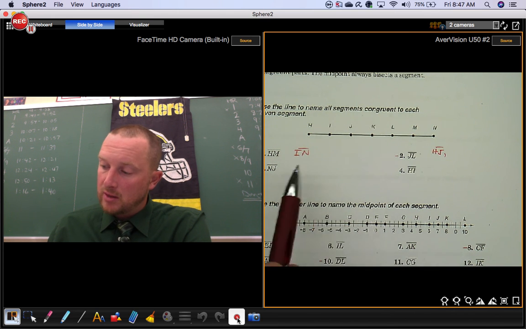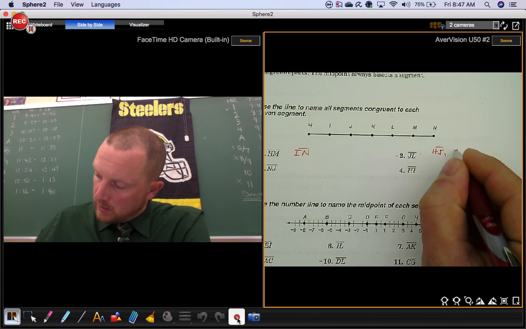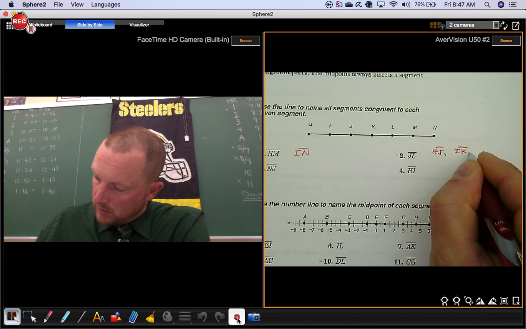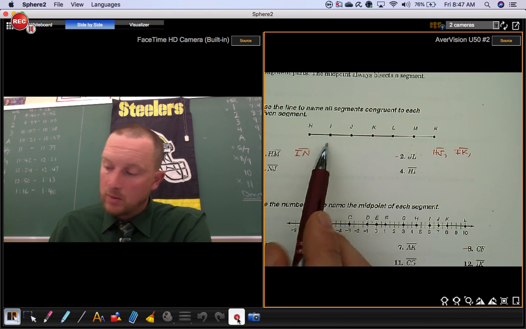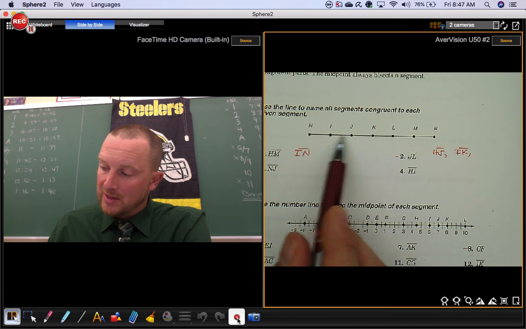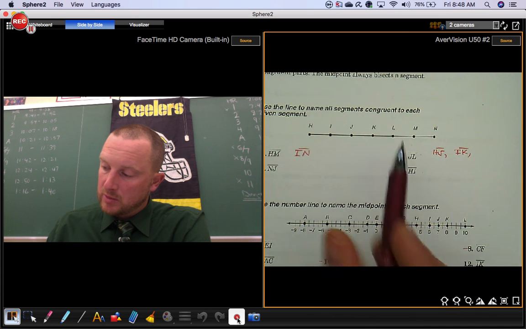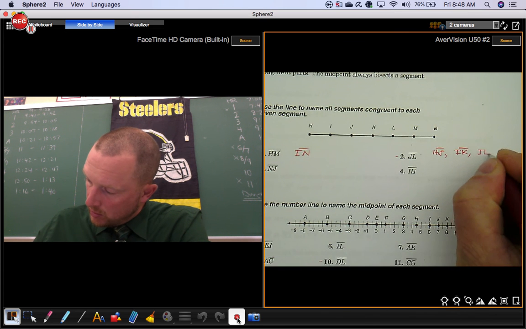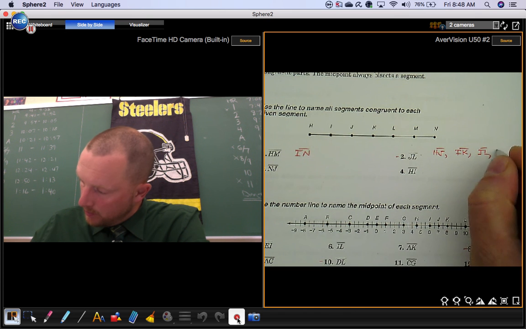Segment HJ has a length of 2, so does segment IK. So notice how I just bumped over 1 point and took a segment length of 2. So our next one would be segment JL. Then segment KM.